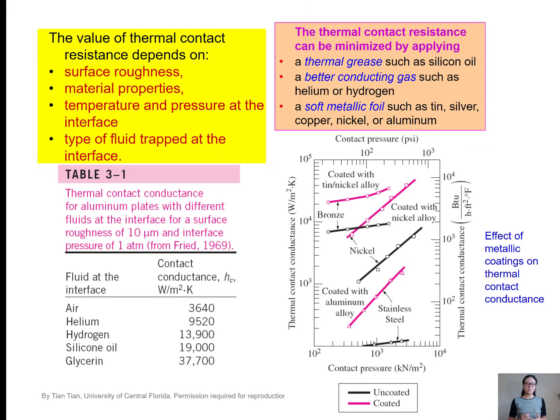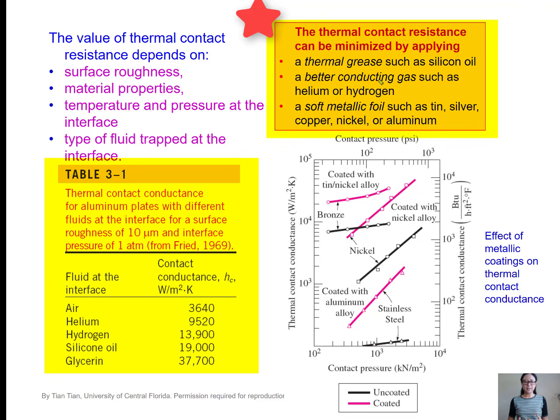The value of thermal contact resistance depends on surface roughness, material properties, temperature and pressure at the interface, and which type of fluid is trapped at the interface. To reduce thermal contact resistance, we could replace the air in the gaps with a thermal grease such as silicon oil, or a better conducting gas such as helium or hydrogen.